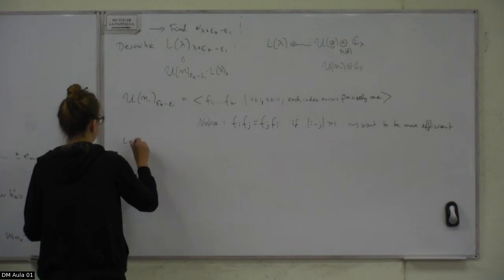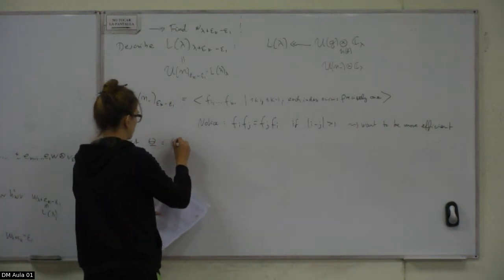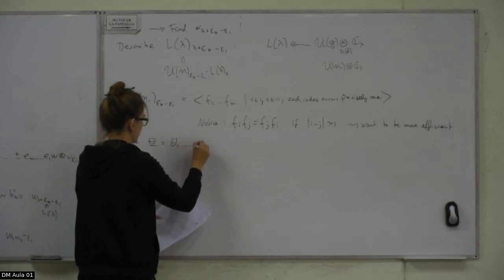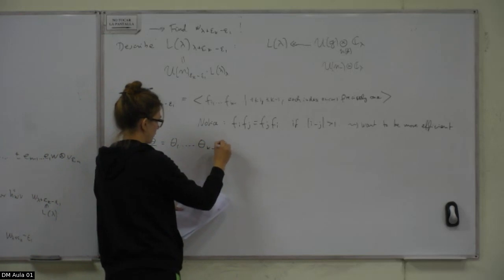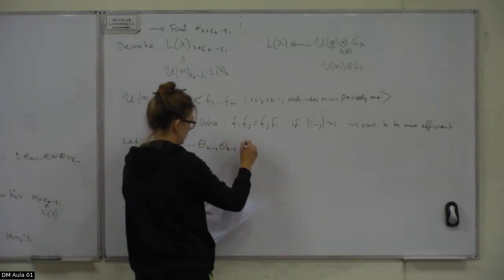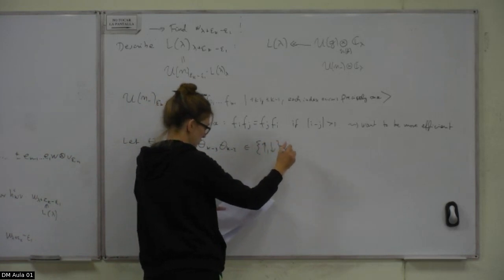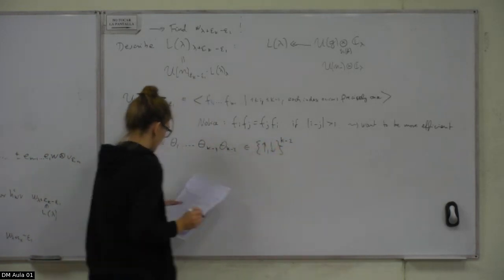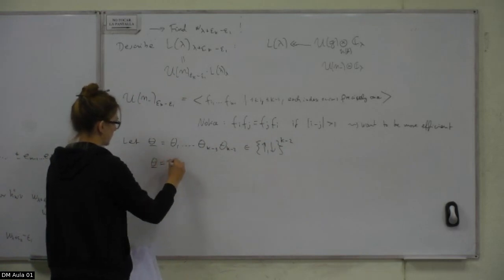For this, we consider some sequences theta of k minus 2 arrows, either pointing up or down. For example, we could look at something like that.